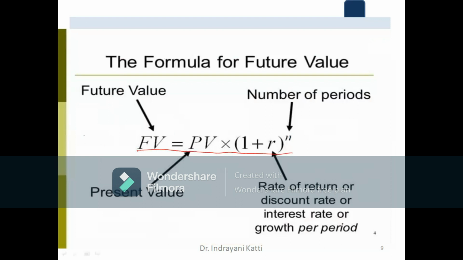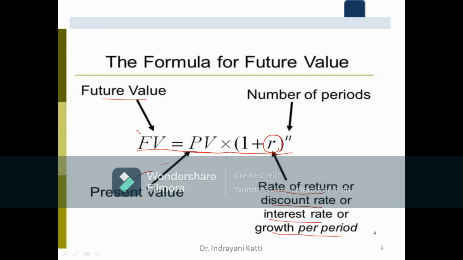FV is meant for future value, PV is present value, and r is represented in different ways: rate of interest, rate of return, discount rate, interest rate, or growth per period.